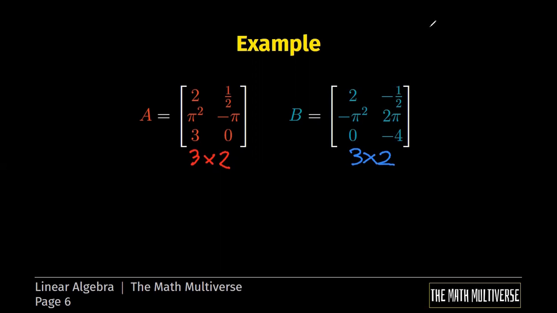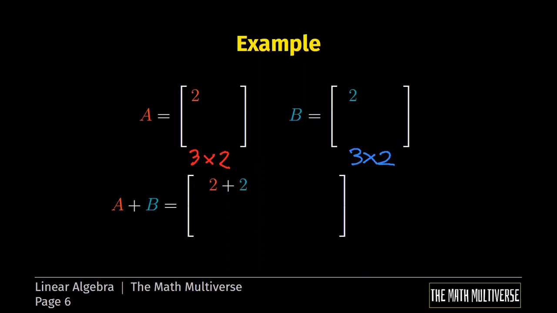Since they are matrices of the same order, then for what we saw in the definition, we are allowed to build the sum. So what should we do? We take entry by entry. We take A11 and B11, and we do the sum of the two numbers. In this case, they are the same number, so it's 2 plus 2.